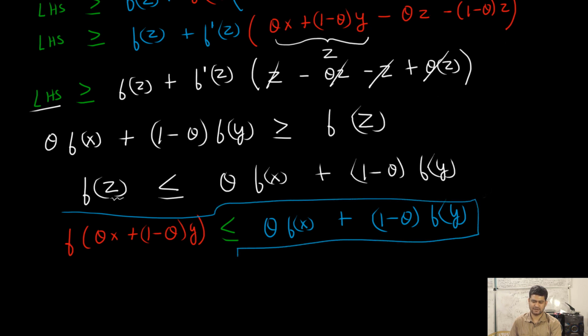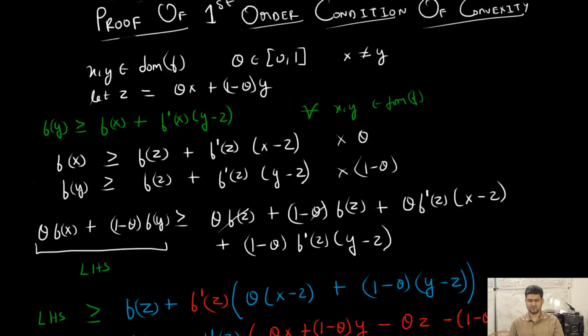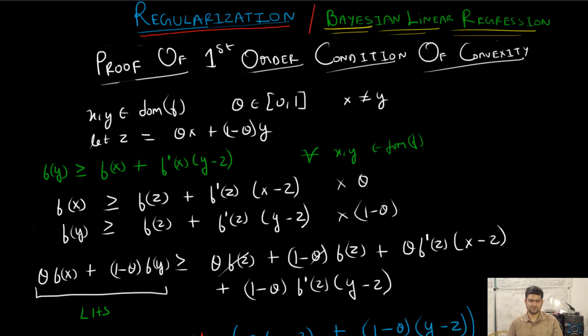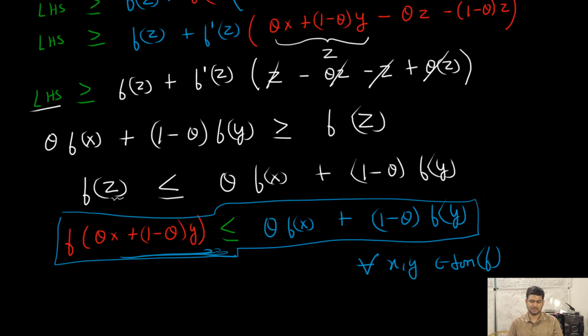Since this is satisfied for all x and y belonging to the domain of the function, it proves that f is a convex function. Thus, we started with an assumption that f satisfies only the first order condition of the convexity, and from that assumption we proved that f is convex.